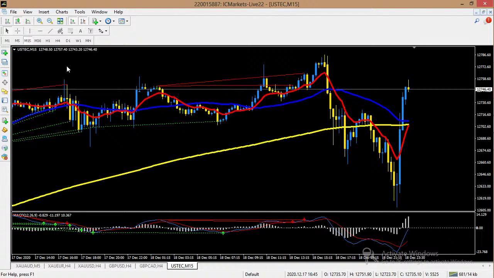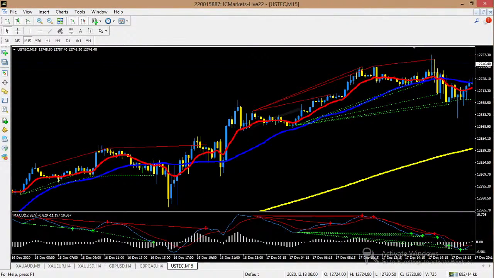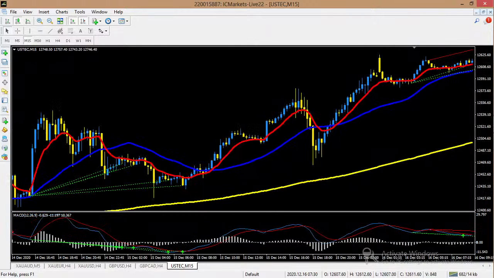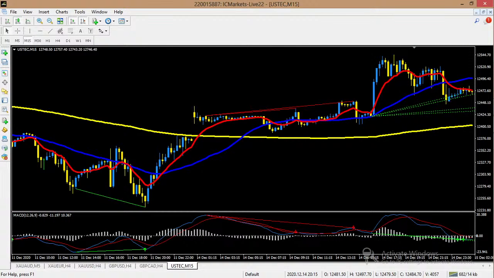If the market is trending up, I want to show you some secret here. While the 1 hour time frame shows uptrend, then you come down to 15 or 5 minutes time frame.